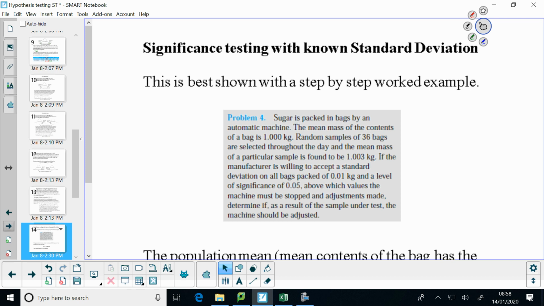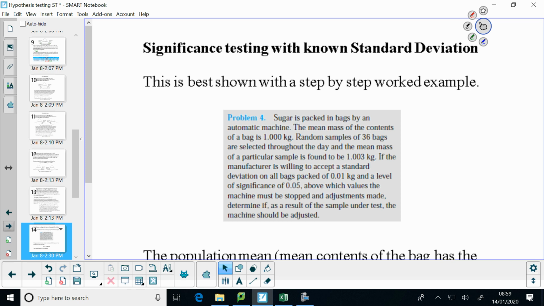Random samples of 36 bags are selected throughout the day, and the mean mass of a particular sample is found to be 1.003 kilograms. So 3 grams over the mean for the 36-bag sample.